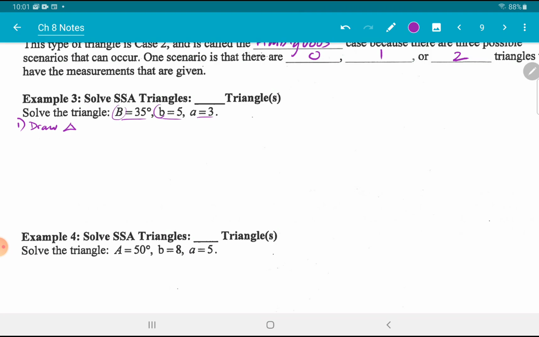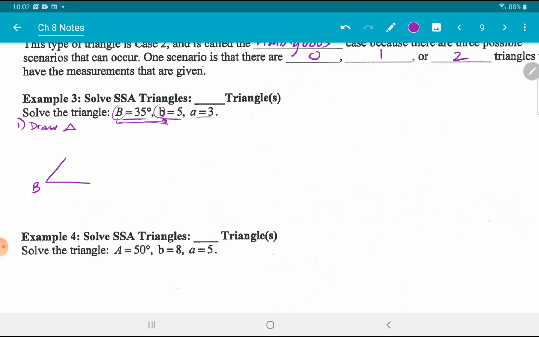Pay special attention to the letters given to you, because whatever letter you have, the side opposite it is the same letter. Also, one rule of thumb I like to give you is that if you are given an angle measure, always put it in the left-hand corner, because it helps you to be consistent in your drawings and label everything in the right spot.